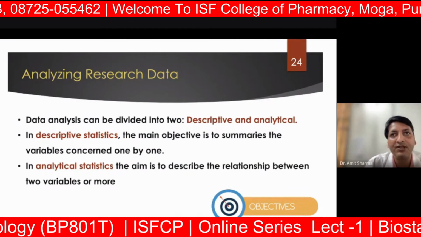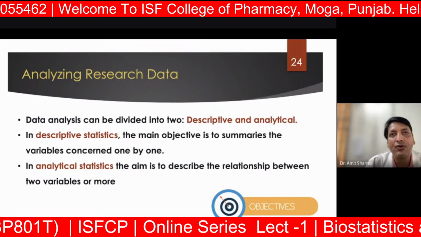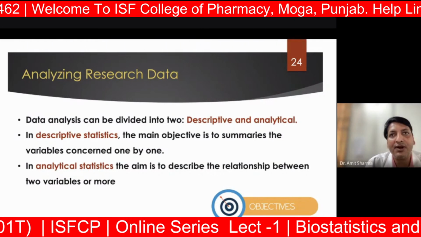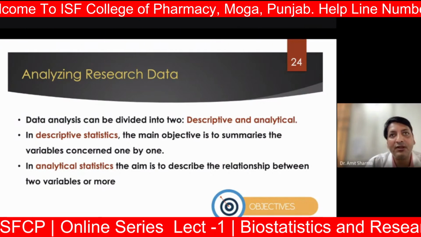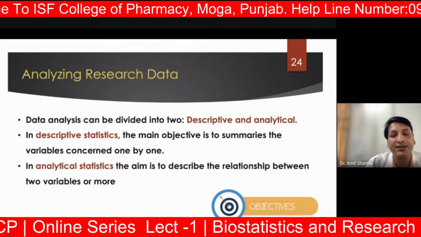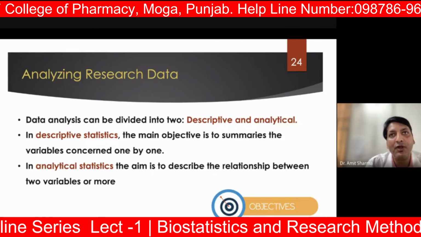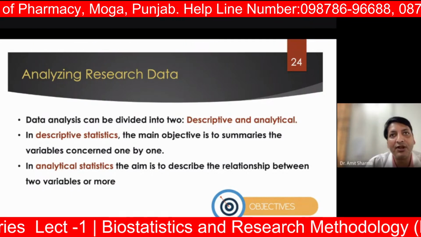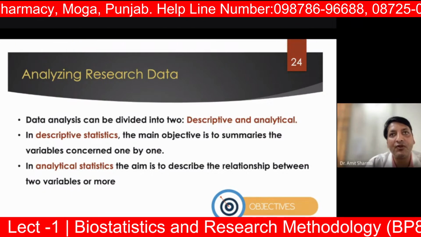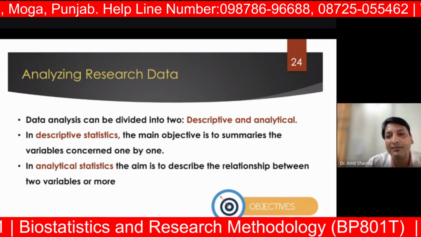In the example of three different drugs which you are going to evaluate to see which one is better, all three drugs will be called the independent variable, and the reading by which you evaluate which drug is better, the systolic or diastolic blood pressure reading, will be called the dependent variable.